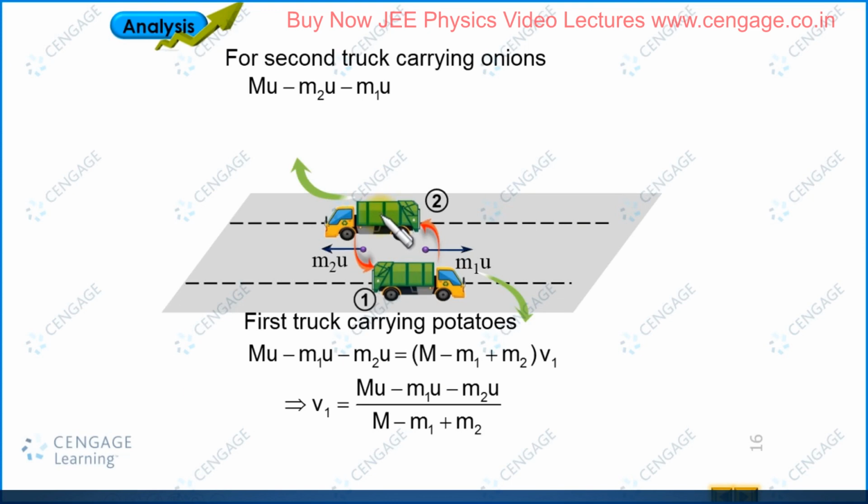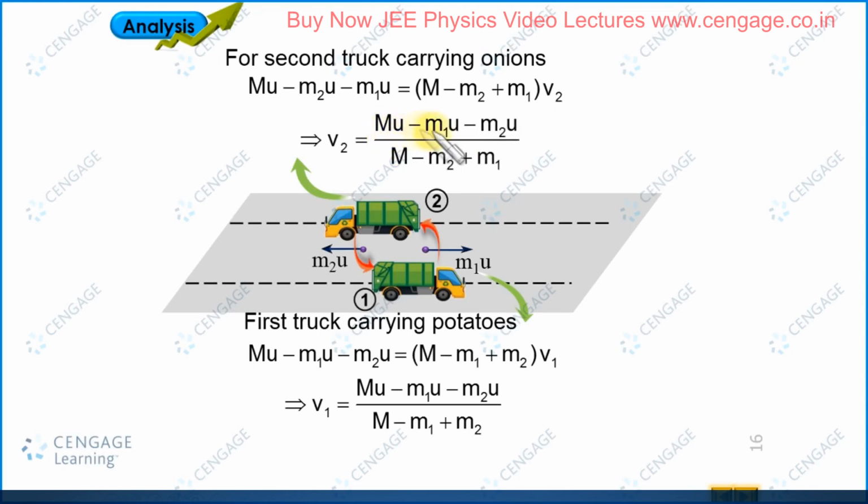So capital M minus m2 plus m1, and let the velocity of this truck be v2 after the process. So the linear momentum should be this one. From this equation we can find the velocity of truck number 2 just after the process. This is equal to capital M u minus m1u minus m2u divided by capital M minus m2 plus m1.